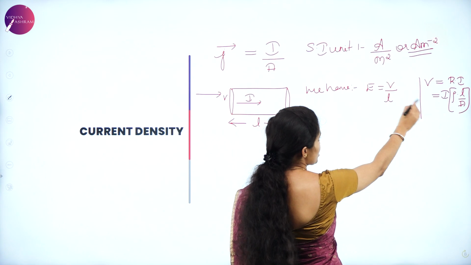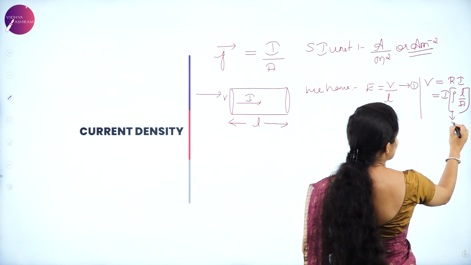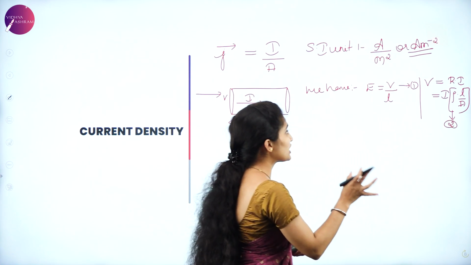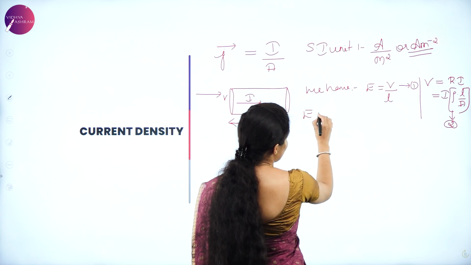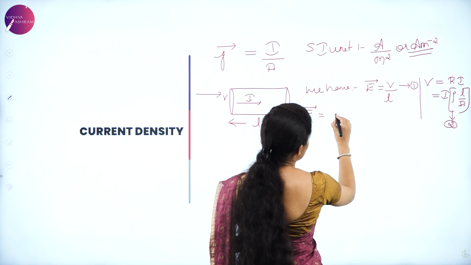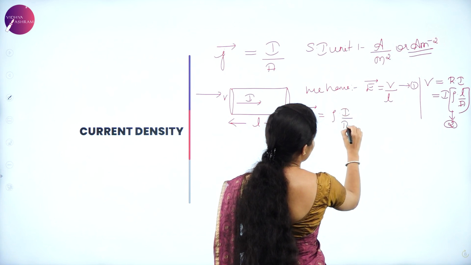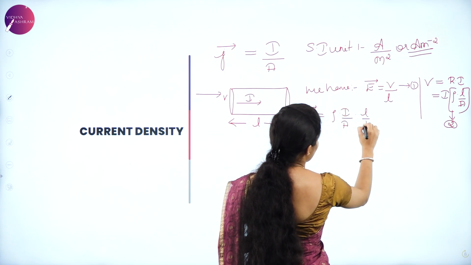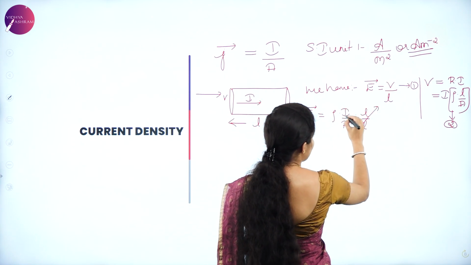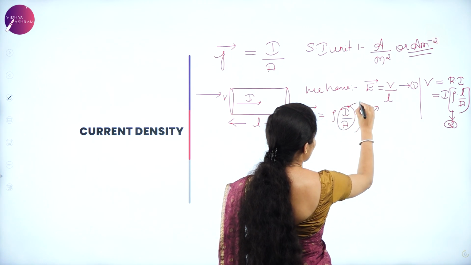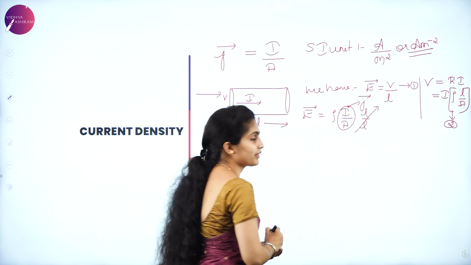Substituting equation 2 for V in equation 1, you have E is equal to rho into I divided by A, into L divided by L. So L and L get cancelled, and I by A is nothing but your current density, J vector.